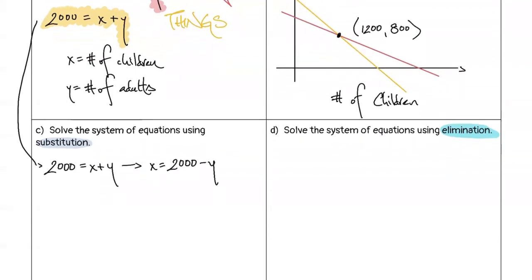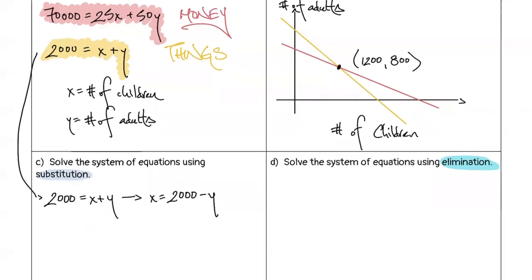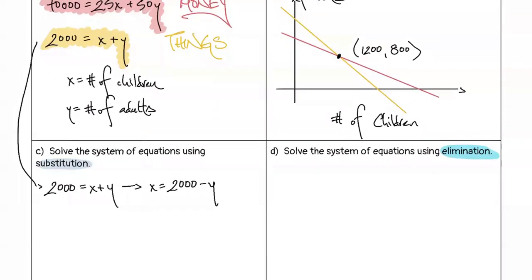Yes. Okay. So when we're doing substitution, we need to think about our choices here. I would absolutely agree. We should pick this yellow equation to get one of the letters by itself, because we can do that just by either subtracting the X to the other side or subtracting the Y to the other side, right? We don't have to divide anything. So it's a little bit less work on our end.